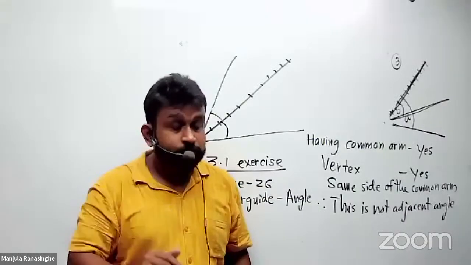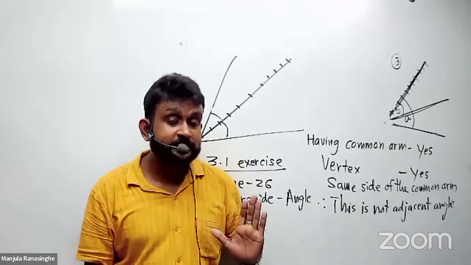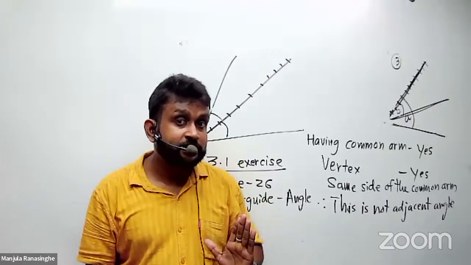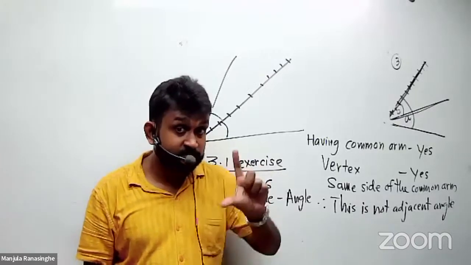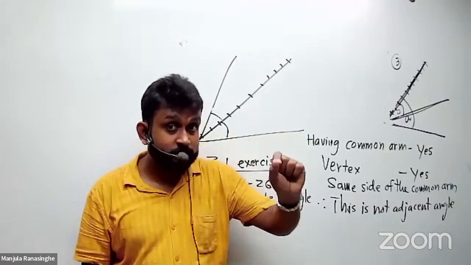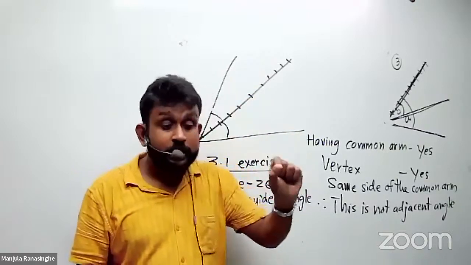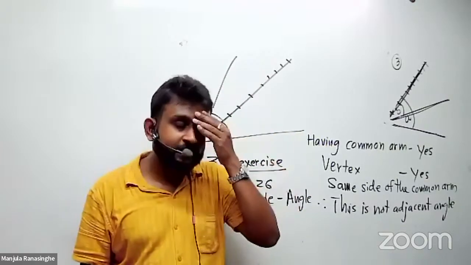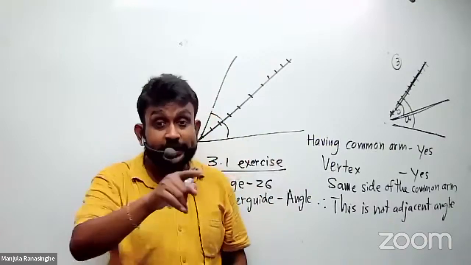Okay, so I will give a brief conclusion. At first we discussed what an angle is. I mentioned an angle contains two arms and one vertex. Then I taught you how to name an angle, two ways, naming both directions.